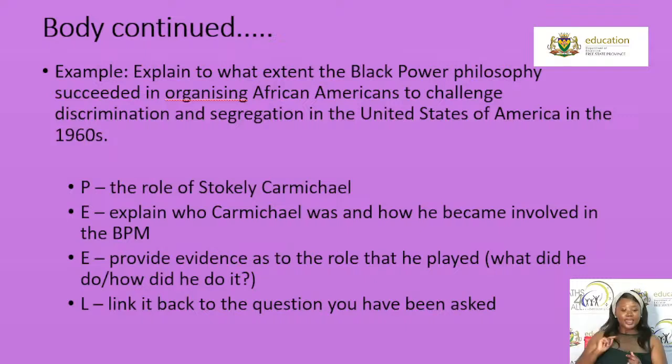And then lastly, the PEEL strategy with regards to Mobutu Sese Seko. Now, the point is, Mobutu came into power by a military coup. In this case, we are looking at political. He came into power by a military coup and introduced a one-party state. You are making your point. You explain this point by saying he introduced the one-party state.